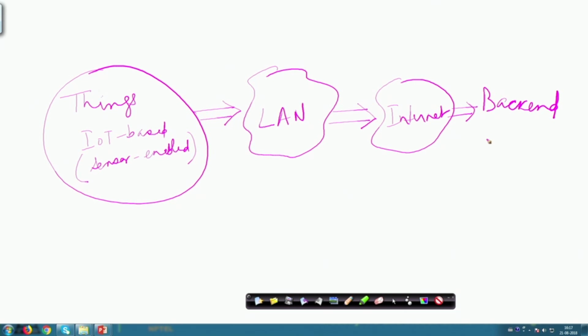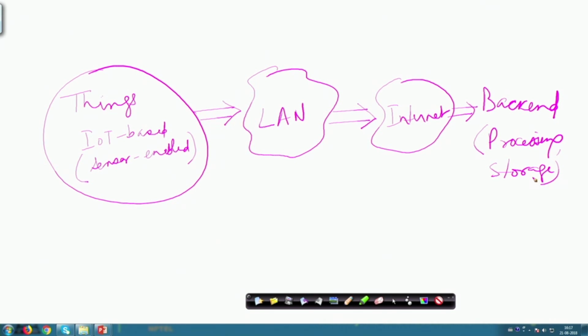And this back end would have all kinds of processors like servers, then you will have storage devices, including cloud, etc., in the present context. In the modern context, we talk a lot about using cloud based services for processing, storage, etc. So, that back end could be cloud based.